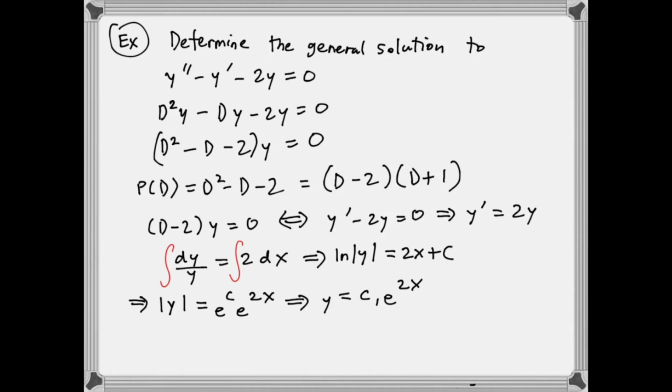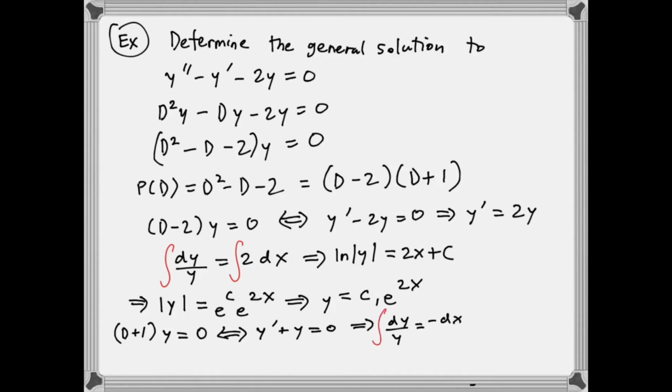Let's do the other one. The other one was D + 1: (D + 1) y = 0. This is the same as y' + y = 0, which is the same as dy/y = -dx.